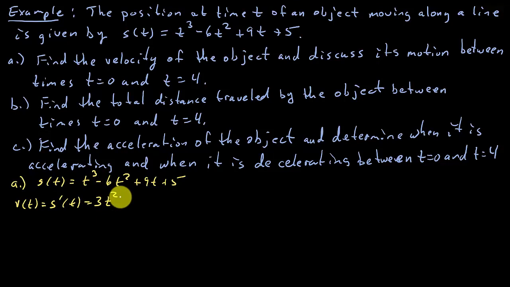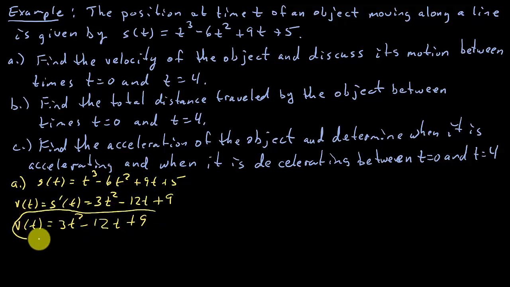So that's 3t squared minus 12t plus 9. We want to know, well, this actually answers the first part of the question, find the velocity of the object. So we get v of t is equal to 3t squared minus 12t plus 9. This is your velocity. That answers the first part.